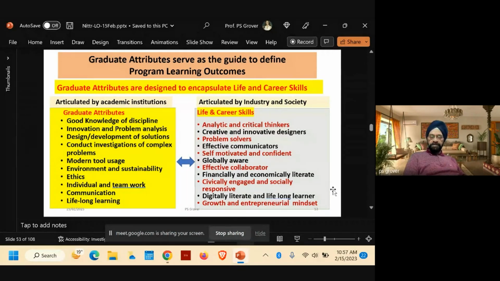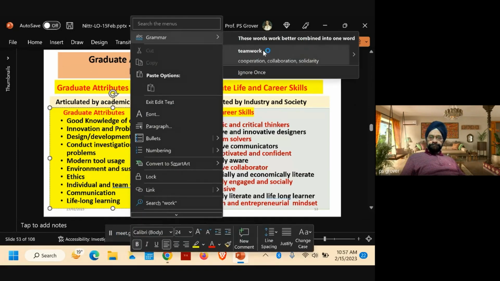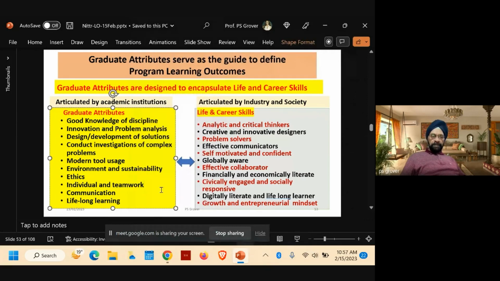In the slide, look at the left side. This is what is desired. I express them as graduate attributes, which I say are good knowledge of the discipline, innovation in problem solving, modern tool usage, good communicator, and lifelong learning.